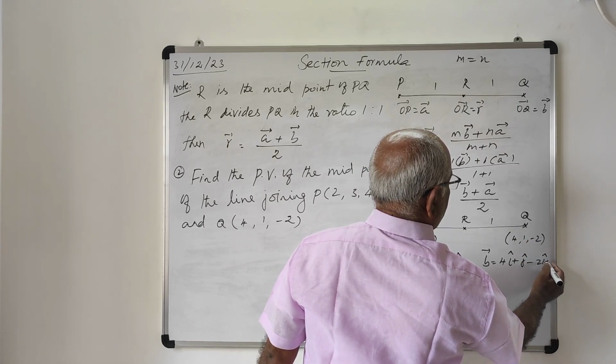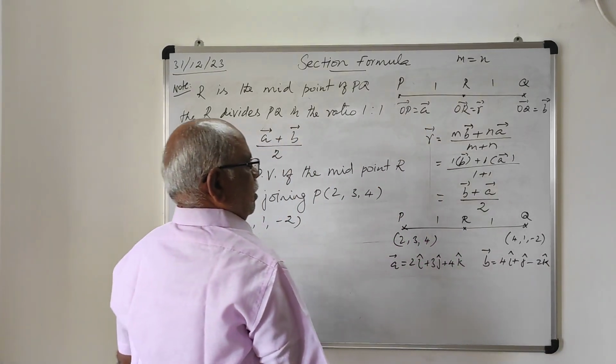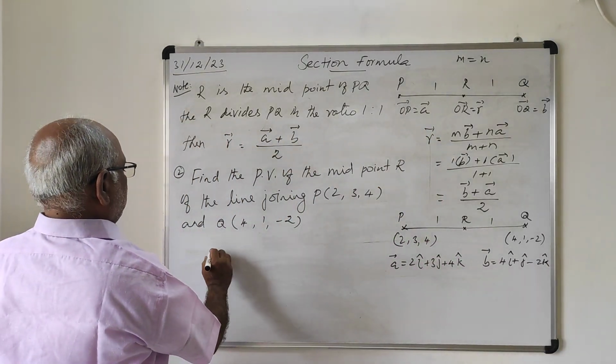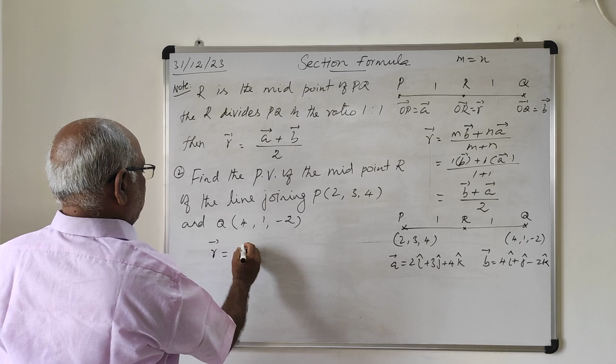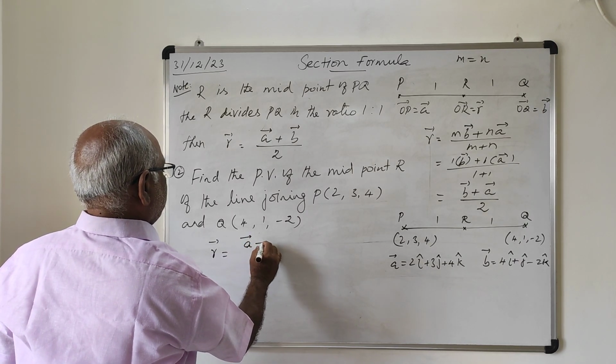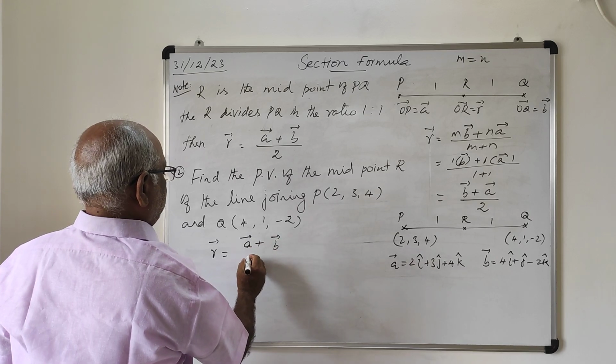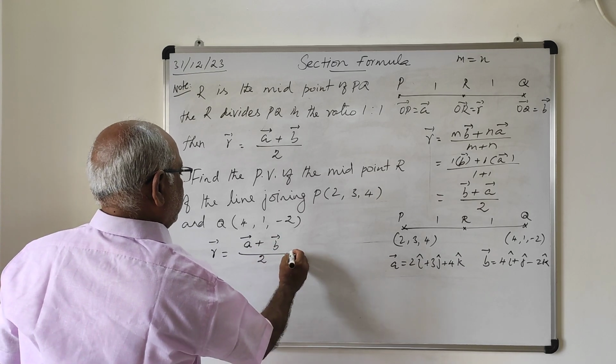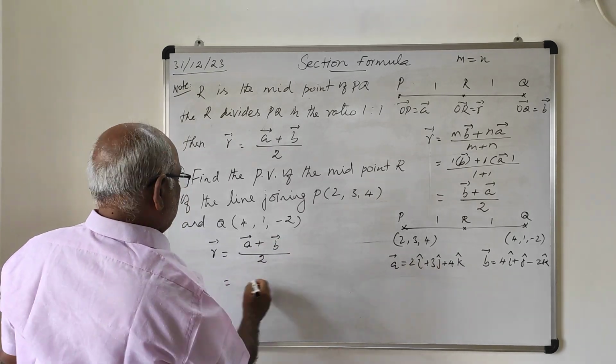We want R vector. The formula is R equals A plus B by 2, A vector plus B vector by 2.